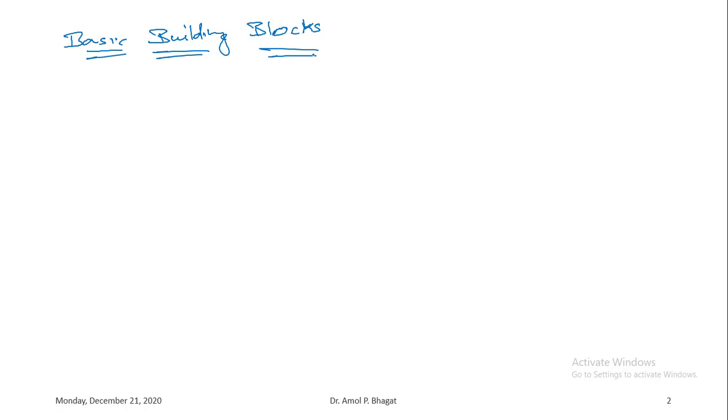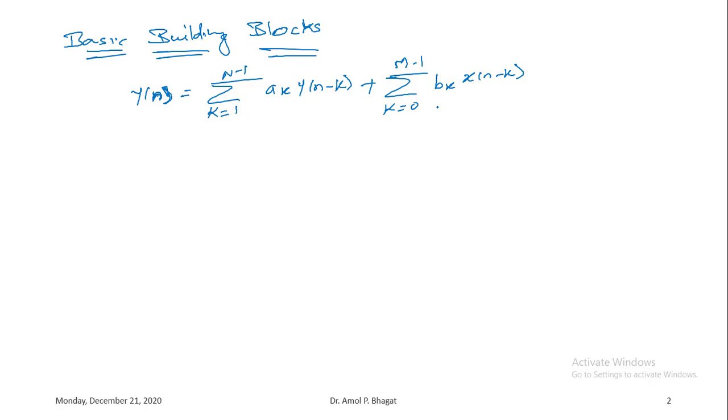Right. So as discussed in the previous session, the generalized form of the difference equation, that is y of n equals summation k equals 1 to n minus 1 ak y of n minus k plus summation k equals 0 to n minus 1 bk x of n minus k.